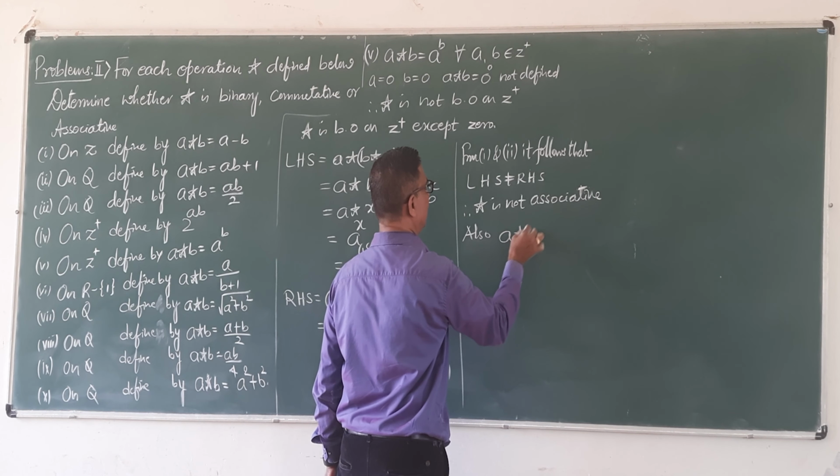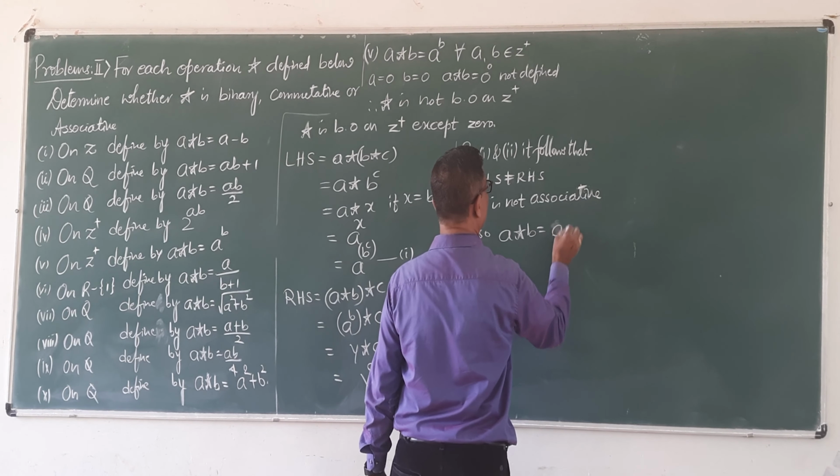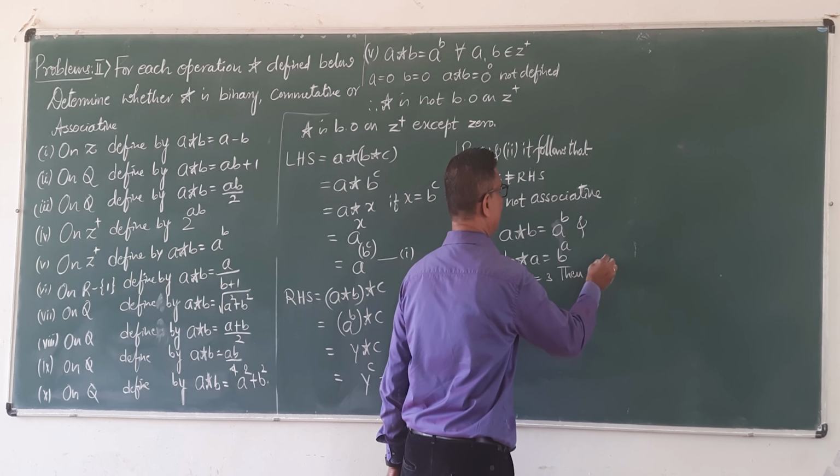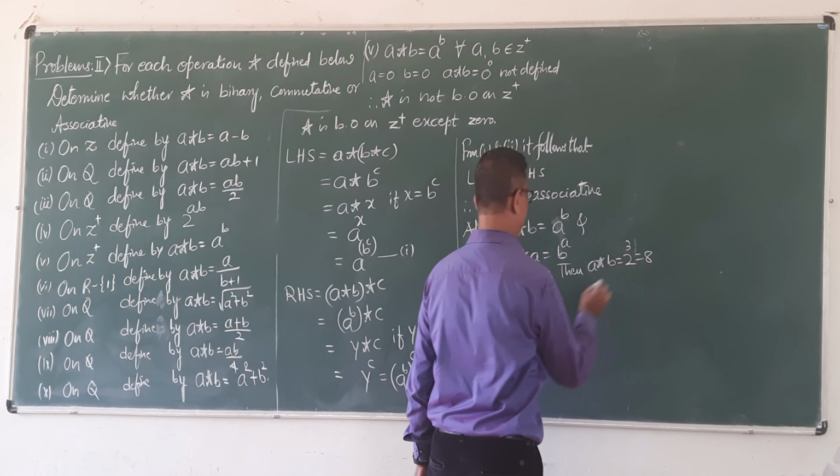a star b is equal to a power b, and b star a is equal to b power a. Is a power b equal to b power a? Take one more example. Take a is equal to 2, b is equal to 3. Then a star b is equal to a power b, 2 power 3, how much? 8.